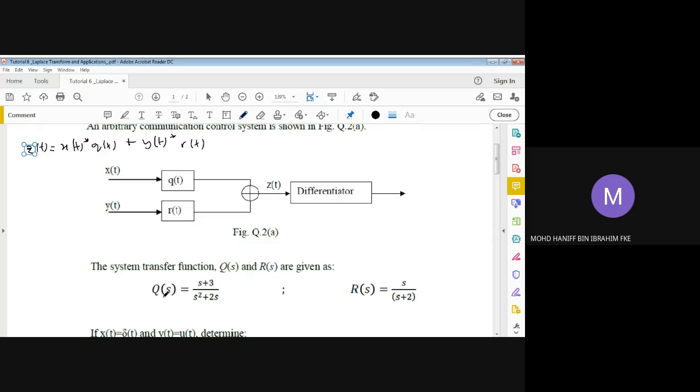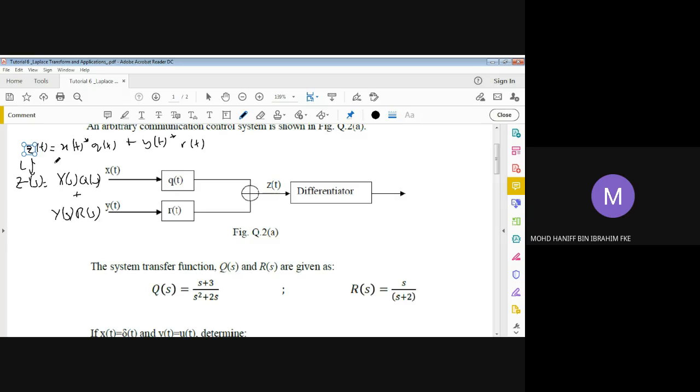Q(s) is the S transform of q(t), and R(s) is the S transform of r(t). So Z(s) shall be equal to X(s) multiplied with Q(s) plus Y(s) multiplied with R(s). This is the property of convolution in the Laplace transform: a convolution in the time domain becomes a multiplication in the S domain, as we have learned before.